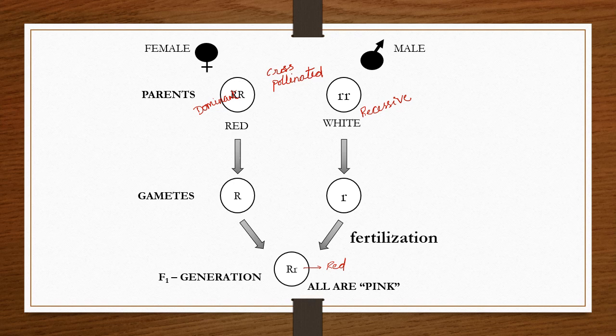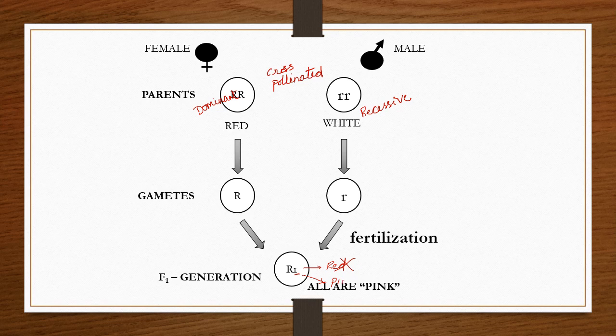As per the monohybrid cross, capital R, small r represents red because capital R is dominant, that is red color. So that should be expressed. But what we are discussing here is incomplete dominance, it fails to dominate over the recessive character. That's why it gives the intermediate color, not red color, that is pink.